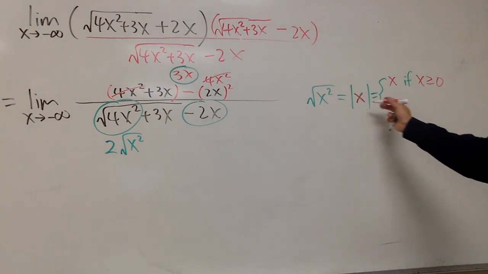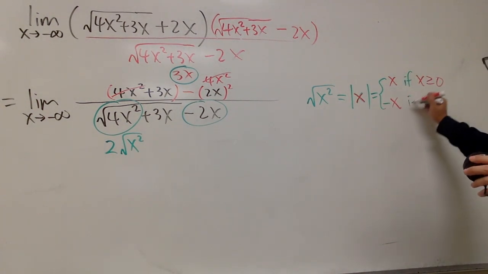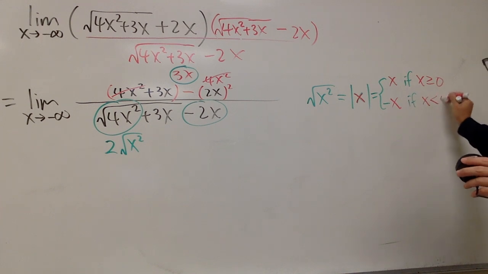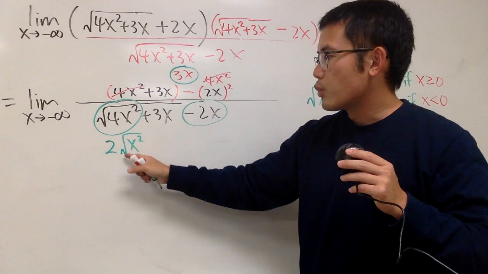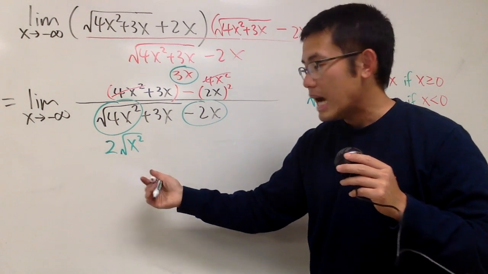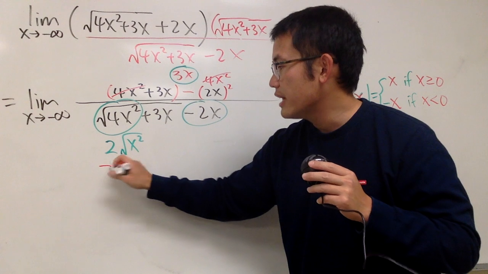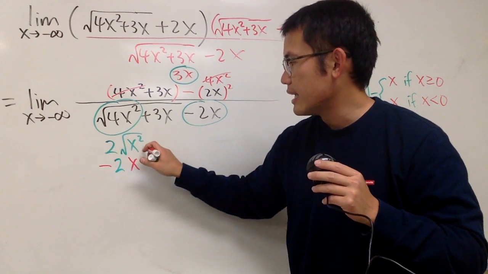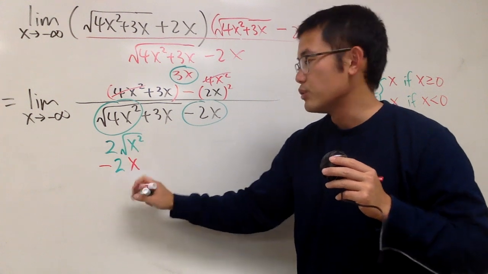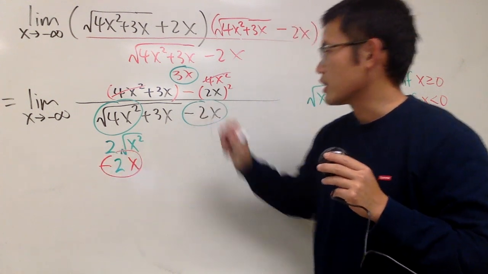Right? You have to put a negative in front of the x if x is less than 0. So in our situation here, when we do square root of x squared, when we cancel things out, in fact, it turns out to be negative 2x. Right? So this guy turns out to be negative 2x. So we care about this and also care about that.